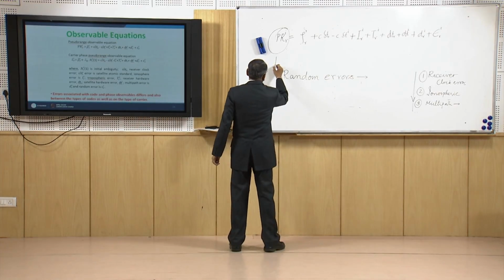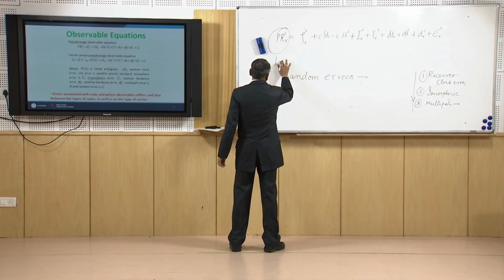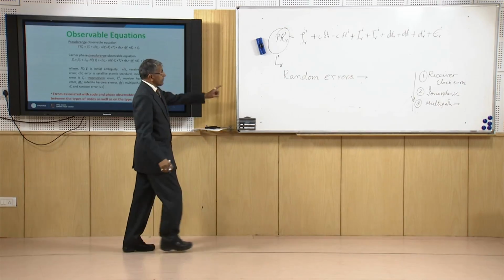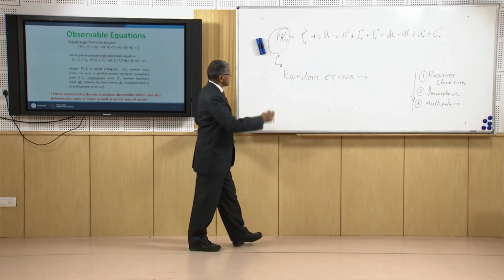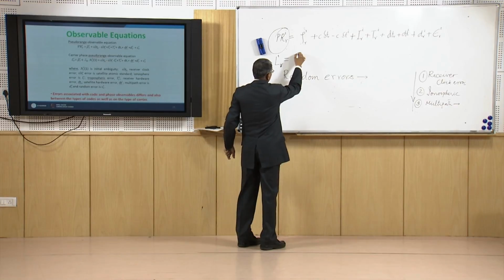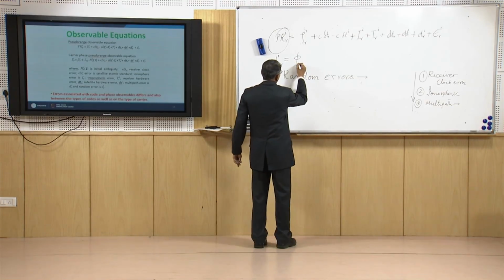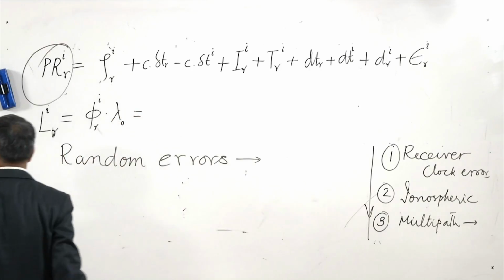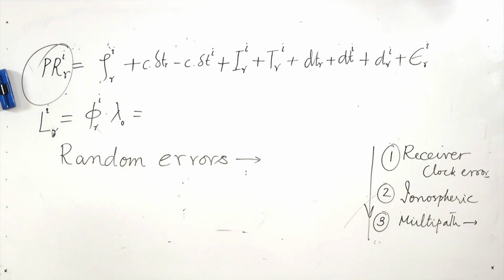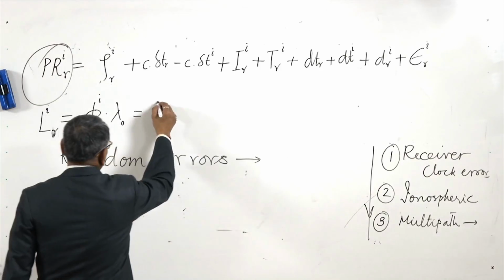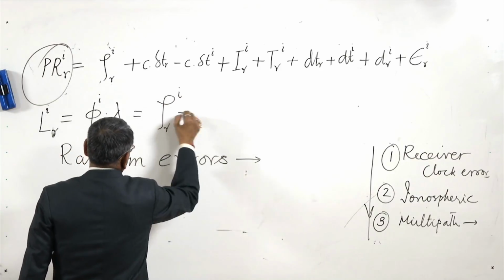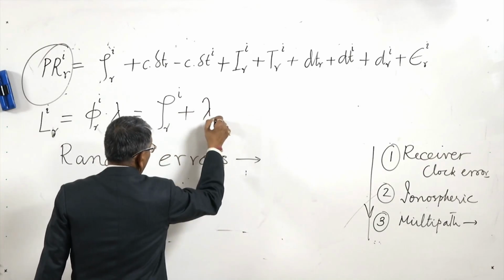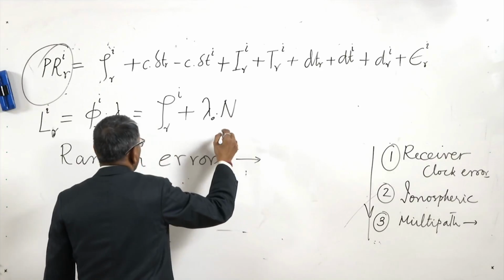Similarly, this is the carrier phase pseudo range, that means the carrier phase observable multiplied by the wavelength. Again, this is the geometric range, and this is the integer ambiguity.